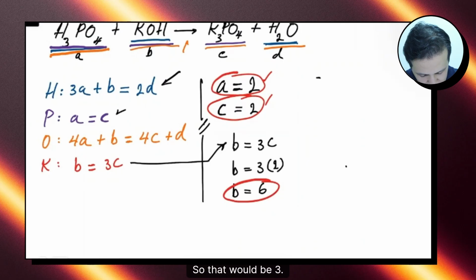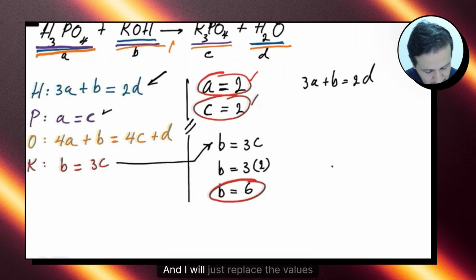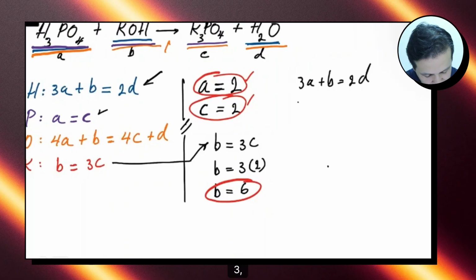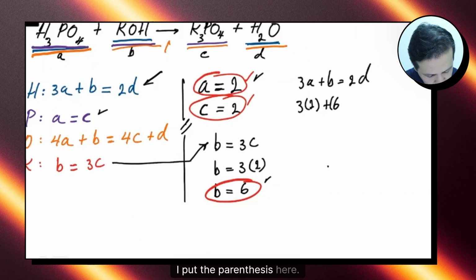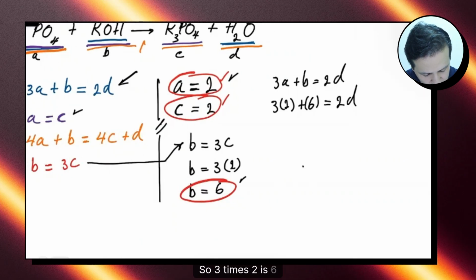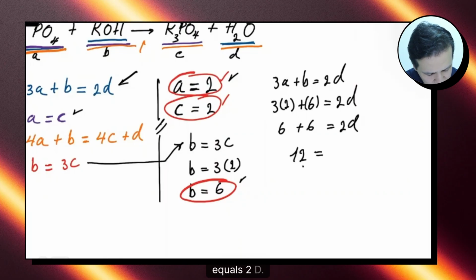So that will be 3A plus B equals 2D. And I will just replace the values. 3 times 2, plus 6 because B is 6, A is 2, and I put the parentheses here, equals 2D. So 3 times 2 is 6, plus 6 equals 2D. This is 12 equals 2D.